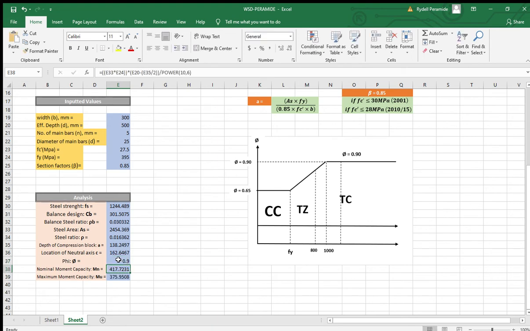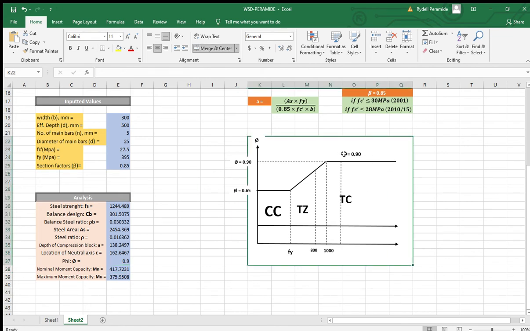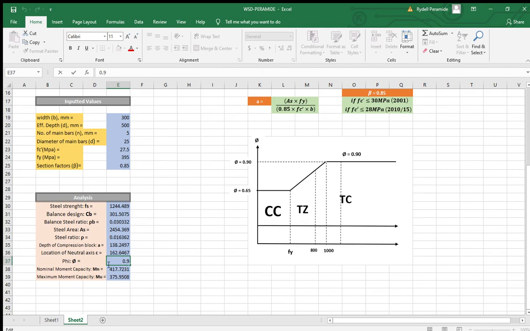The CC here is the compression control, the TZ is the transition zone, and the TC is tension control. CC is 0.65 and TZ has a formula there, and the TC is 0.90.